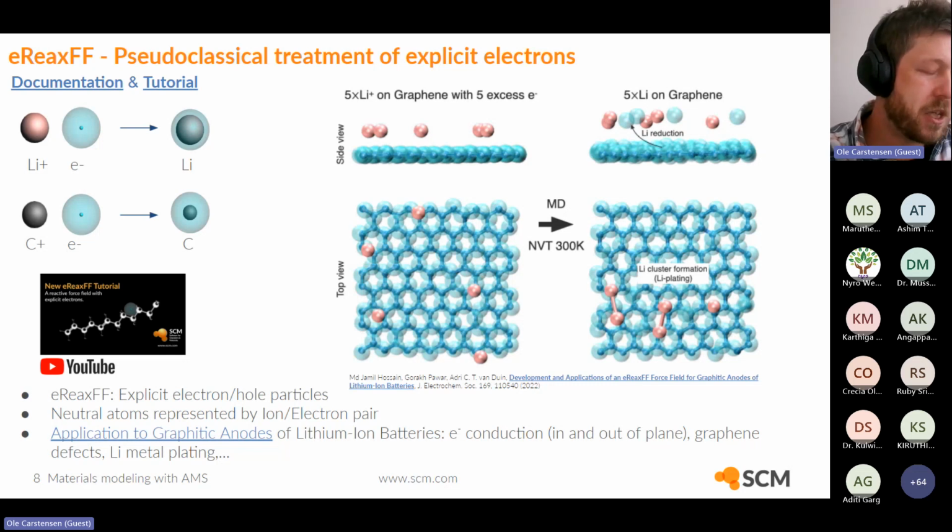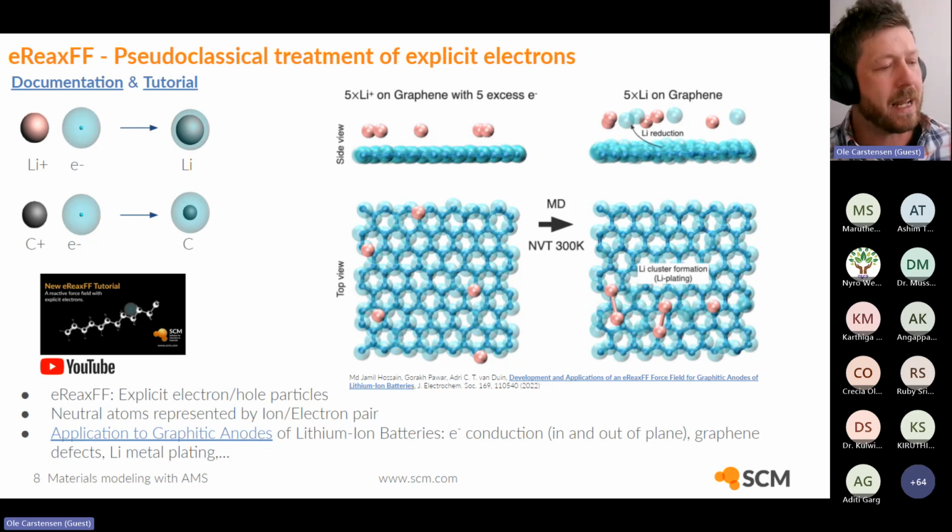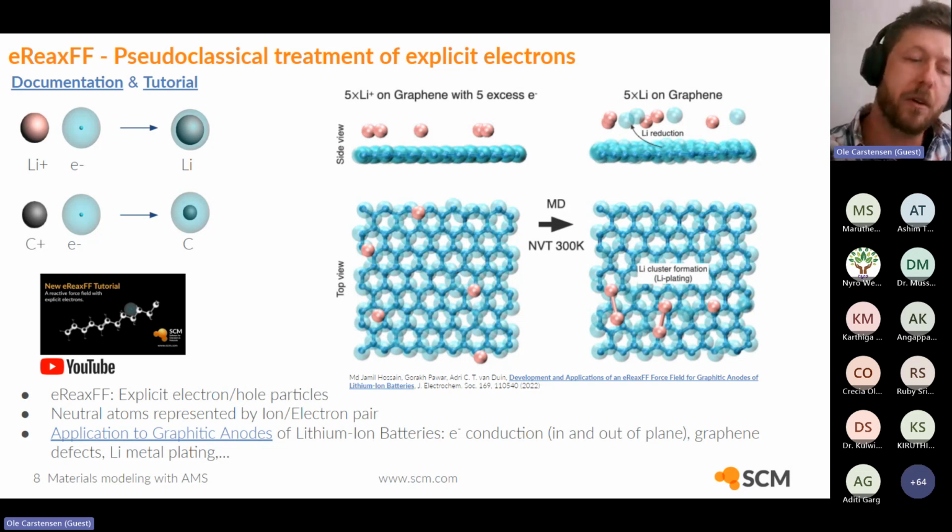This allows for the pseudo-classical treatment of explicit electrons. In a nutshell, the ReaxFF force field has been extended to include parameters for explicit electrons. So you have a simulation in which you will have explicit electron particles flying around. There are also whole particles available, but in the examples I will show now, we will only deal with explicit electrons.